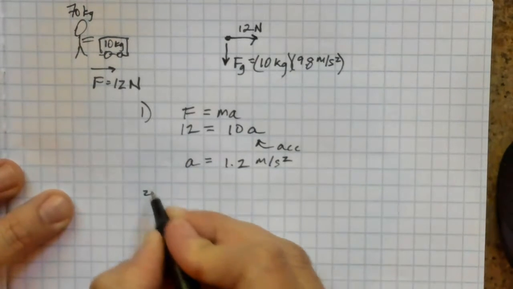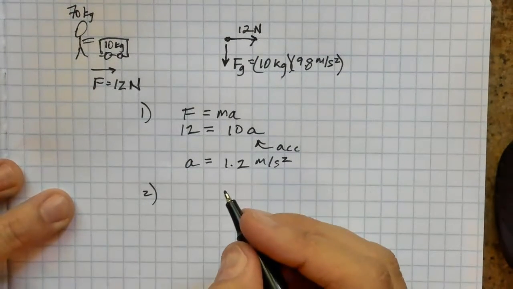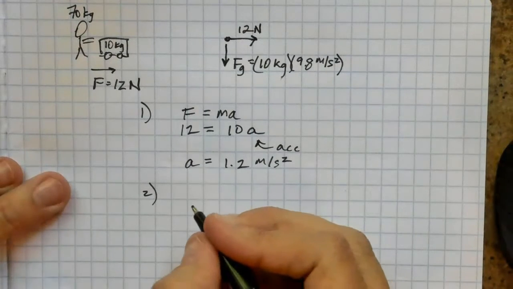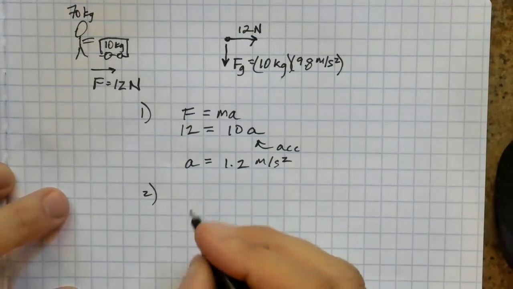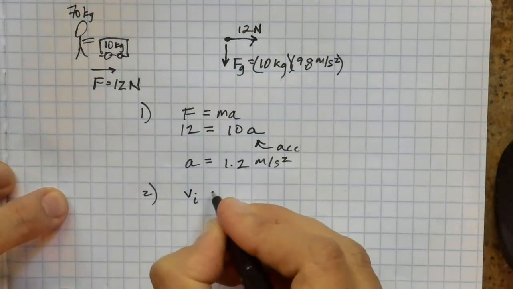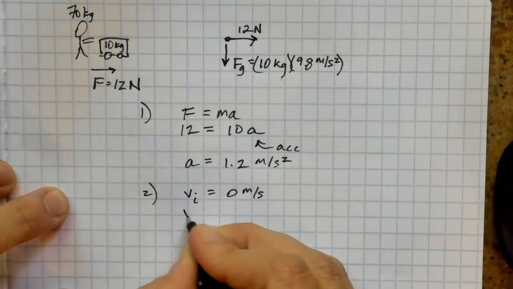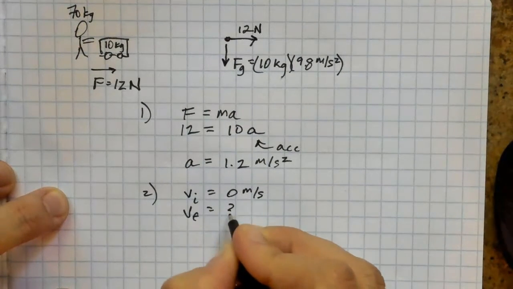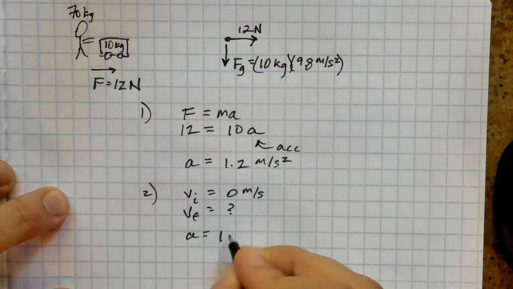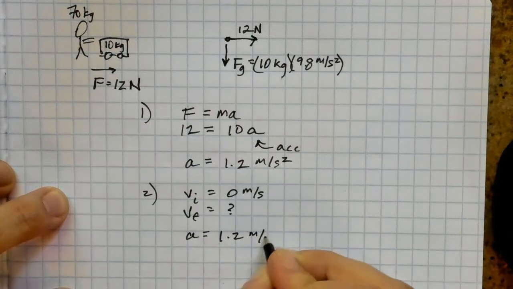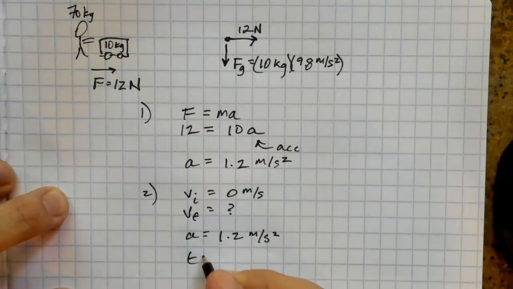The second part of the problem asks, assuming the cart was initially at rest, how fast is the cart moving after 3 seconds? So we know our initial velocity is 0 meters per second. We are looking for our final velocity. We know our acceleration is 1.2 meters per second squared, and our time is 3 seconds.